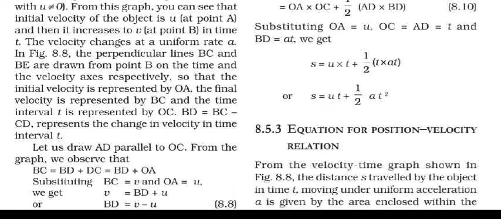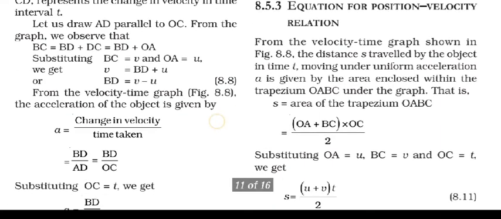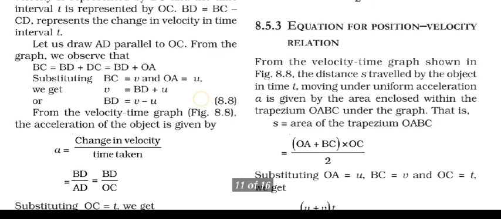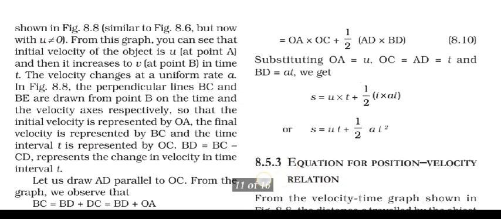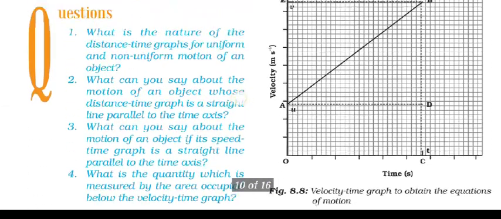OA, I just told you, is equal to u, OC is equal to AD, that is equal to t, and the height is at. By combining and multiplying these, we get the second equation of motion, that is s equals ut plus half at square. Okay, this is about the second equation of motion.